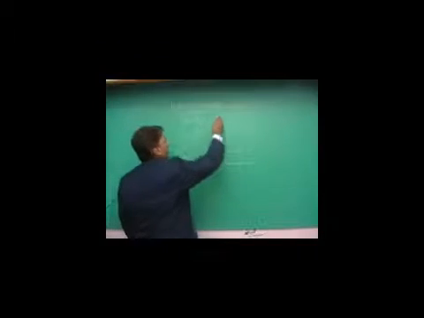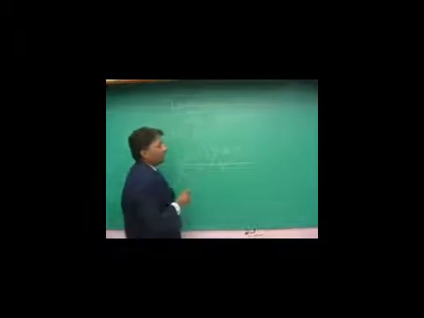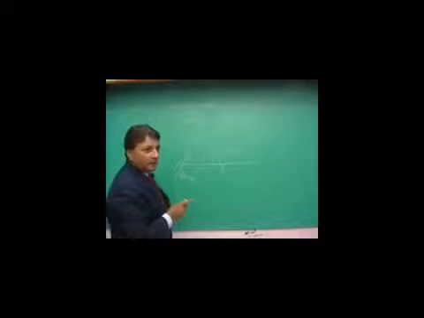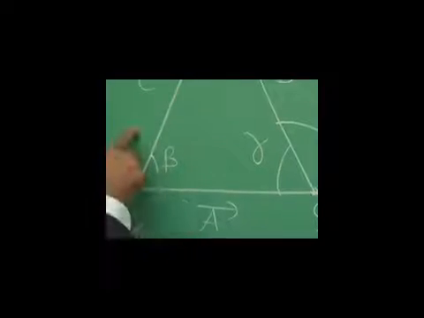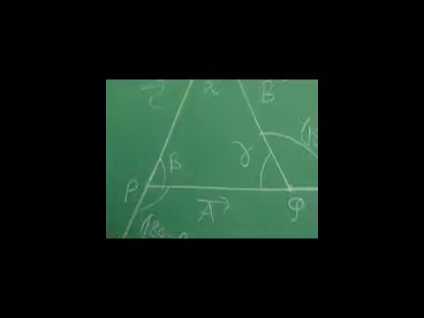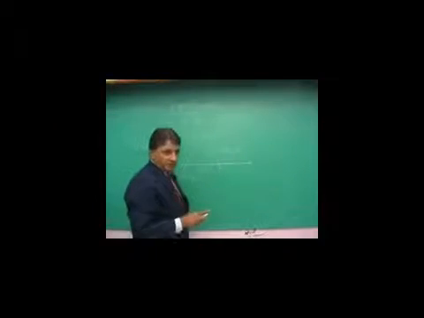Now vector A plus vector B plus vector C is equal to 0. This is a property of vectors from the triangle law, because when A is added to B, it gives a resultant vector C which is taken in opposite order. So we have A plus B plus C equal to 0.